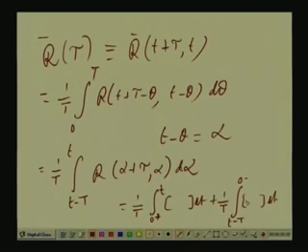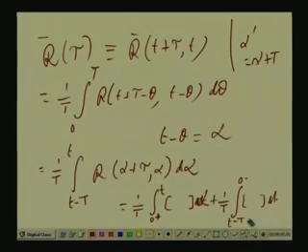Concentrate on the second integral. Here again bring in the variable alpha prime equal to alpha plus T. So d alpha and d alpha prime are the same.